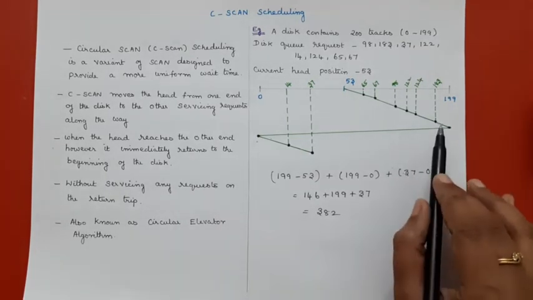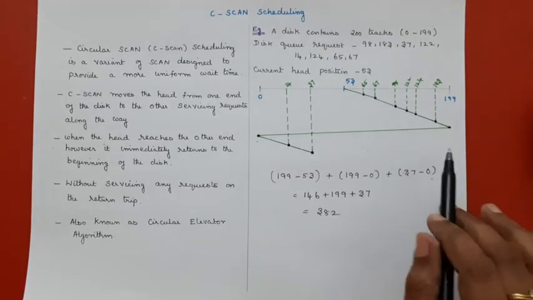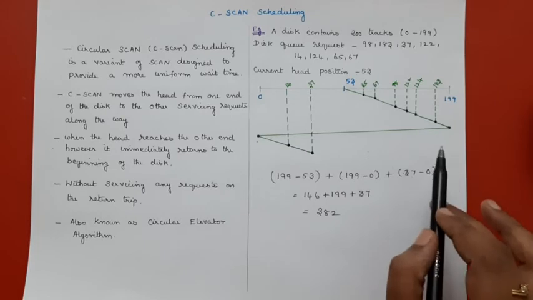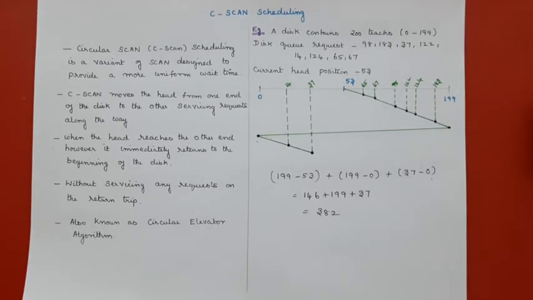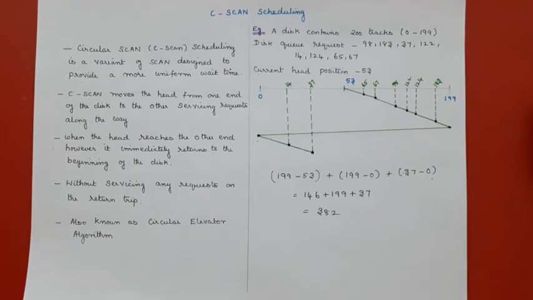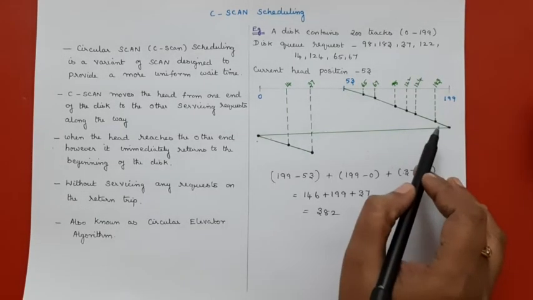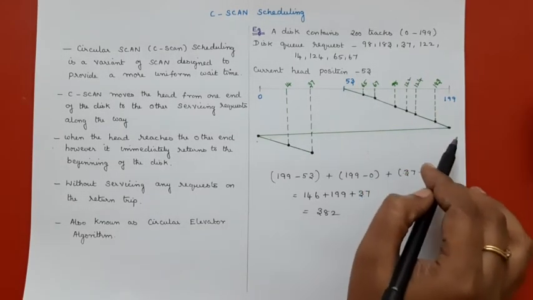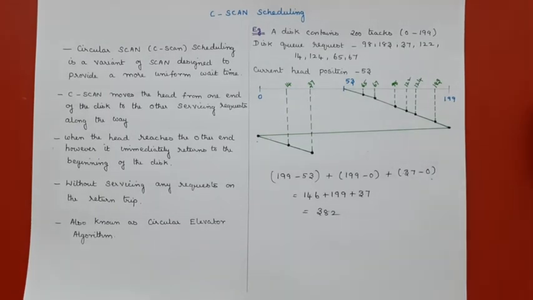Once it reaches 183, it won't stop there. Your head position has to reach the extreme end, that is my 200th track. So from 183 it is moving to 199. Now my head is at the end.